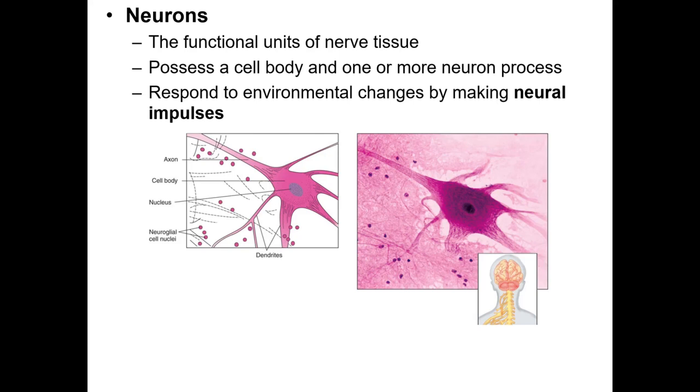There are different parts. There is a nucleus, there is a cell body, there is an axon and dendrites, and they each deal specifically with basically stimulation and neural impulse. And they respond to environmental changes by making these impulses.